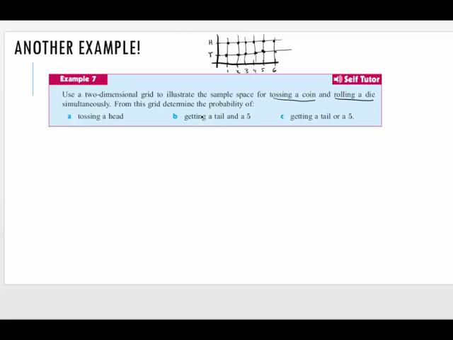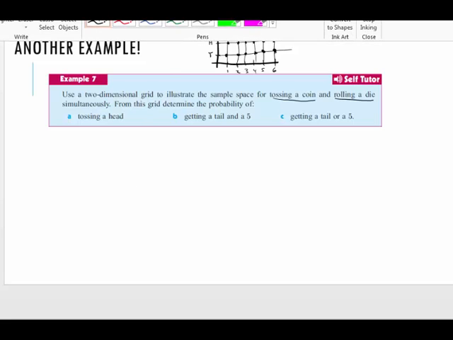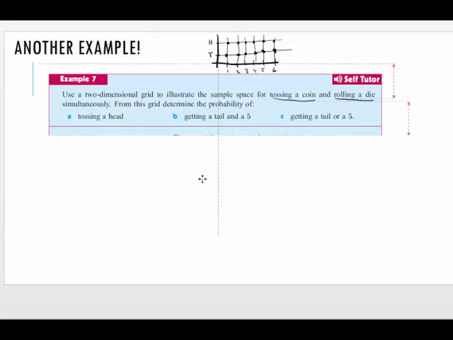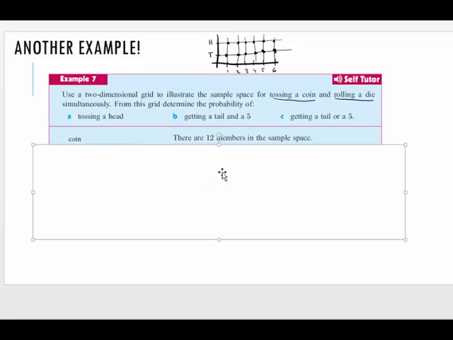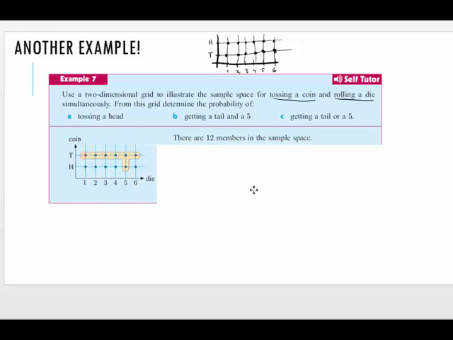Okay? And on a tree diagram, you can see that as well. Hopefully, we'll get to that later. This is an example from your book. It says there are 12 members in the sample space. Hey, that's what we just set up here. And here's our little grid.